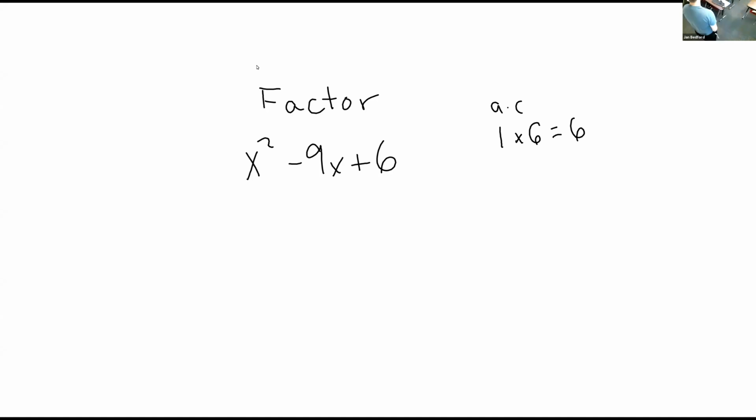Now, what else? What does that mean that I'm looking for? 2 numbers that do what? Multiply together to give us 6, and 6 is positive. So what do we know about signs? Are they going to be the same or are they going to be different? If I multiply and I get a positive, they're the same, and they're going to have to be the same sign as what?